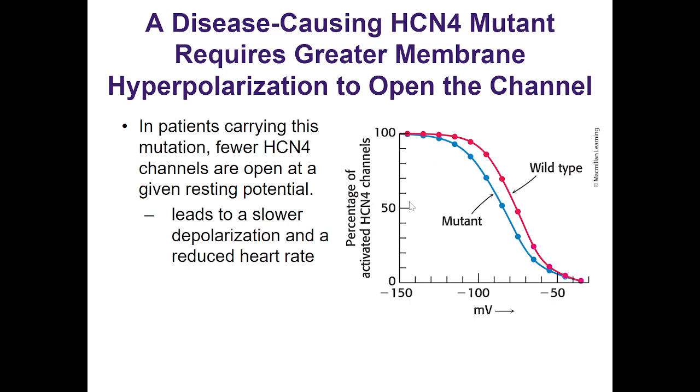Okay, so here's your percentage of activated HCN4 channels. Right here we have the mutant, and here we have the wild type. Wild type being the quote-unquote normal, right? Okay. And so right here we can see they're both 100% at this millivolts. And the mutant is going to go ahead and have a higher percentage right here.